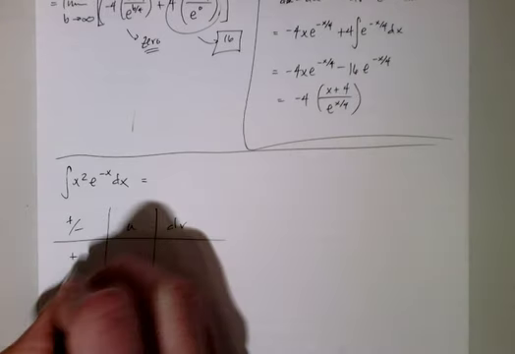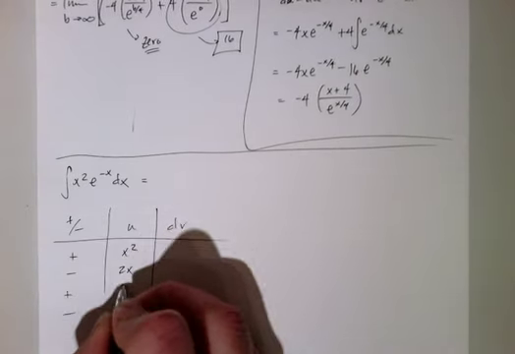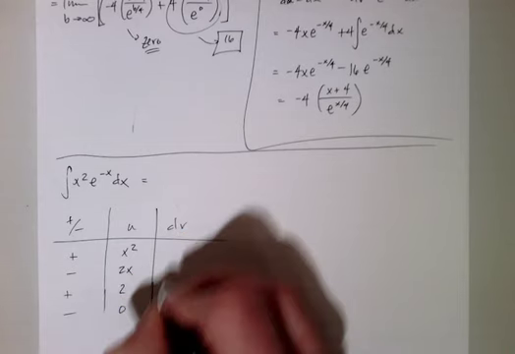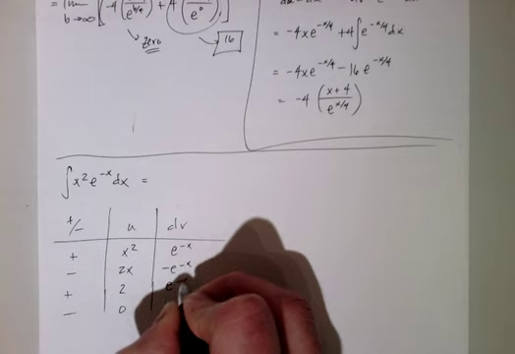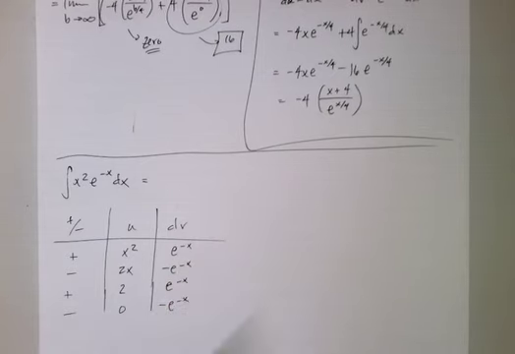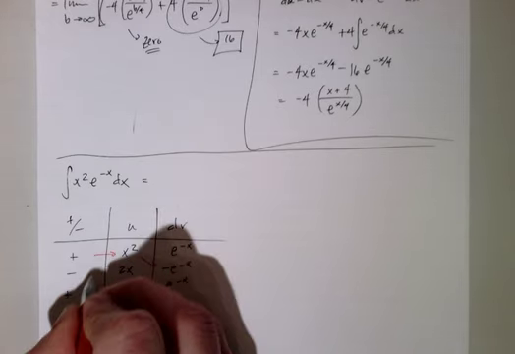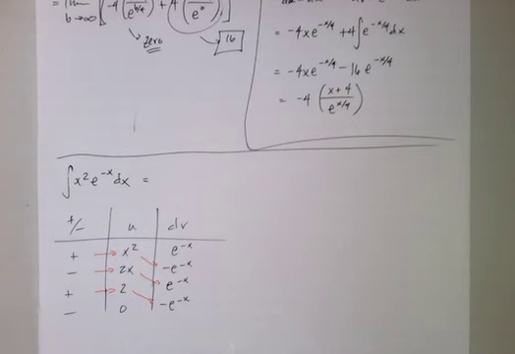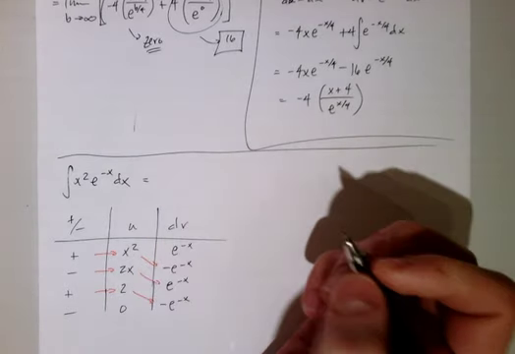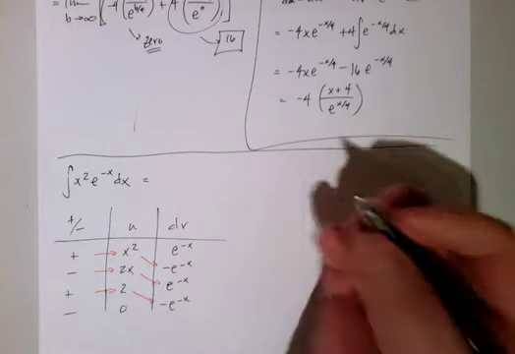I know plus, minus, and that's going to be x squared, 2x, 2, and 0. E to the negative x, negative e to the negative x, e to the negative x, negative e to the negative x. And remember that when I do the tabular method, it goes over and down, over and down, over and down. So that's 3 pieces right there. Oh, I forgot to give you the limits of integration. Sorry, it's going to be 0 to infinity.